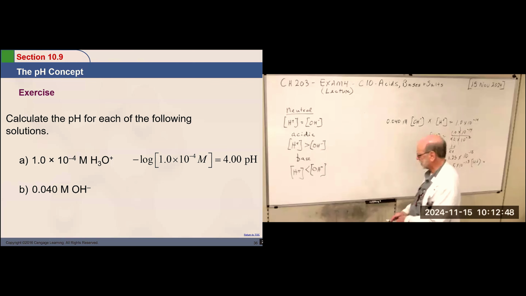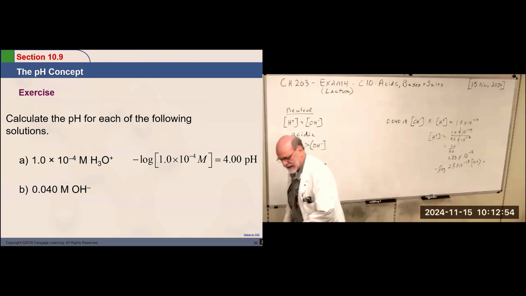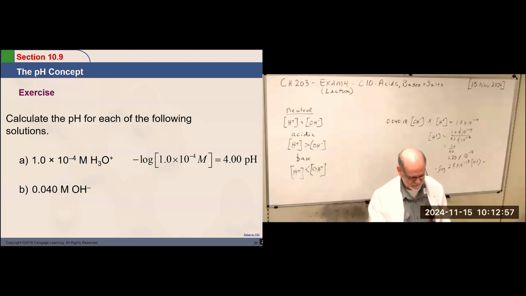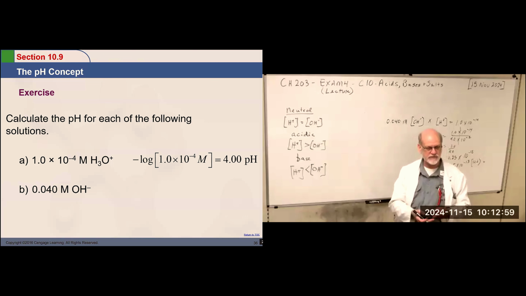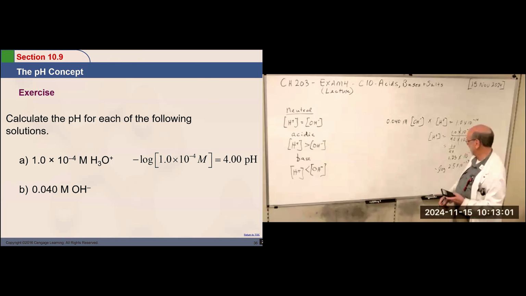I need my calculator for that one. And every calculator has a log key on it. Well, every scientific calculator does. Let's see. 2.5, and then my exponent is minus 13. Oops. That's not going to come out right.